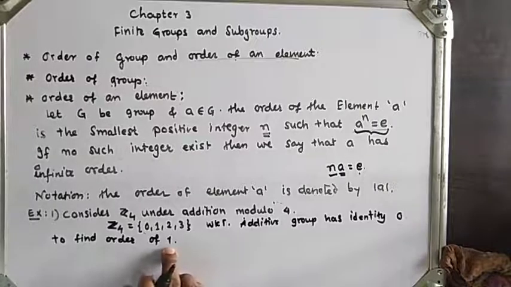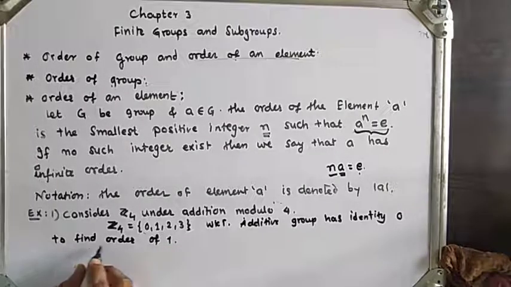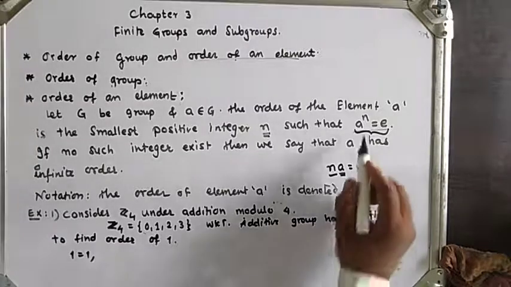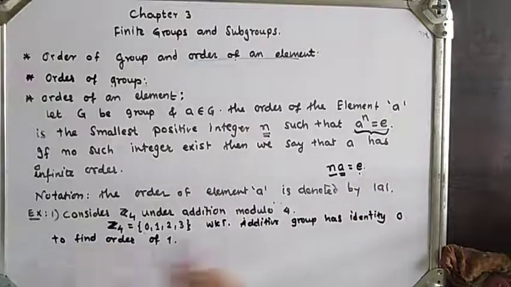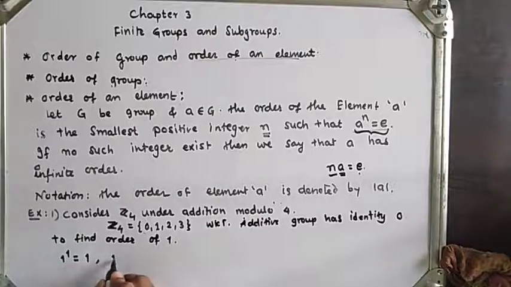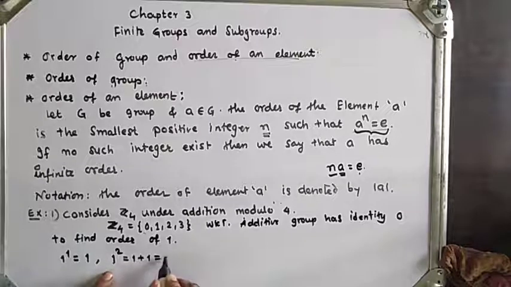So I add 1 one time, then 1 raised to 1 is equal to 1. If I add 1 two times, in this notation, 1 raised to 2 means, since the operation is addition, 1 plus 1, which is equal to 2.